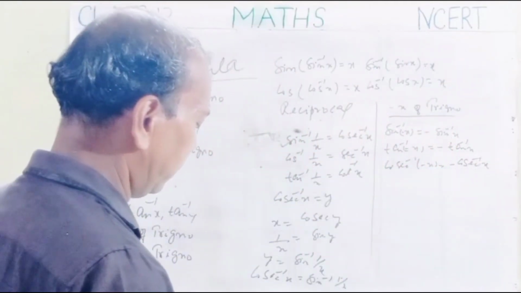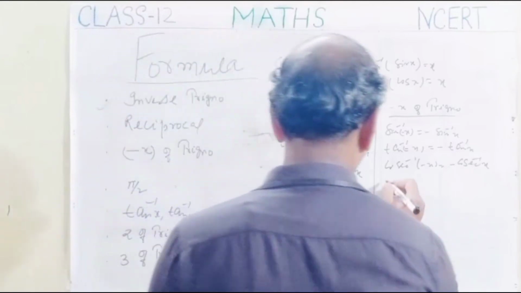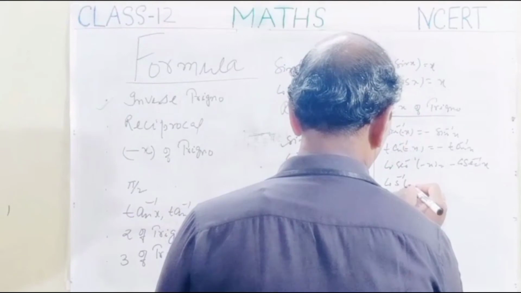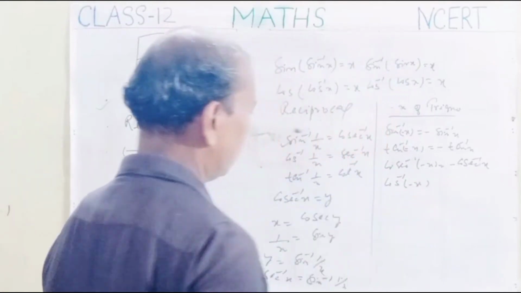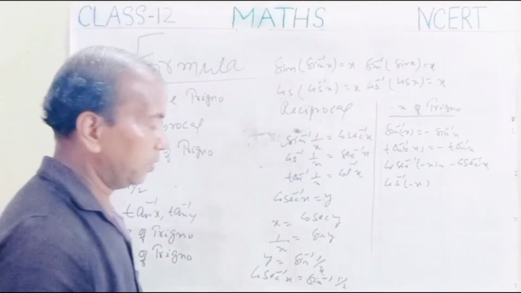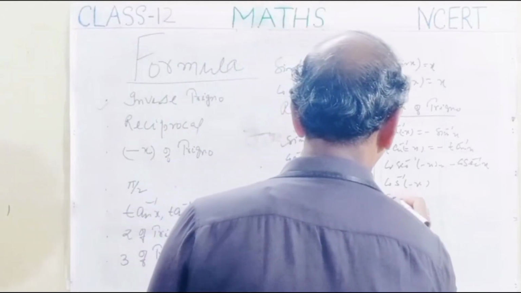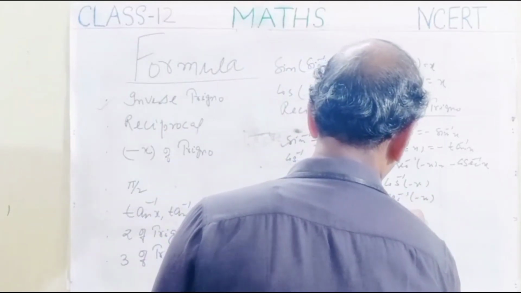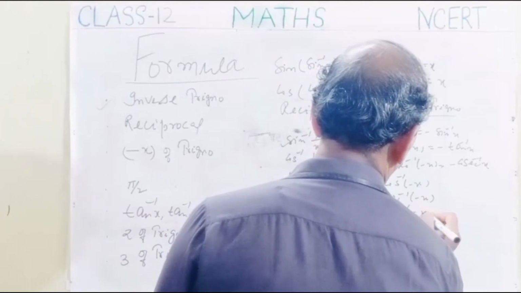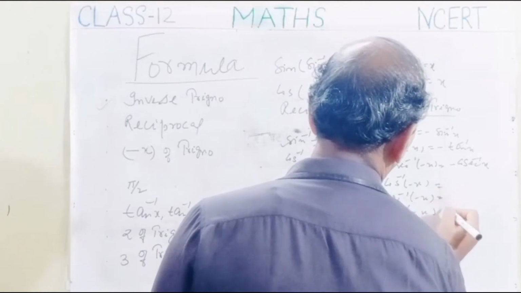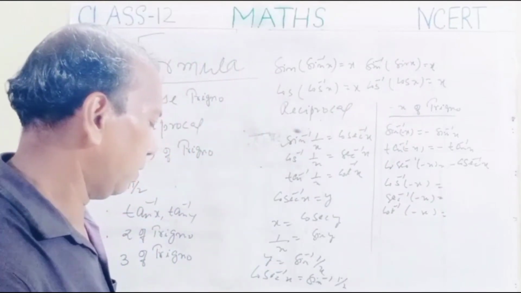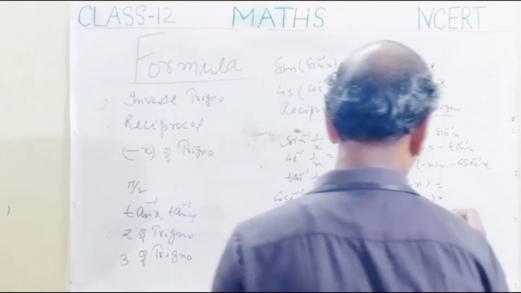Similarly, for the negative case, I can take cos inverse minus x, sec inverse minus x, and cot inverse minus x. If I take the negative of x in this case, we will get pi minus these values.